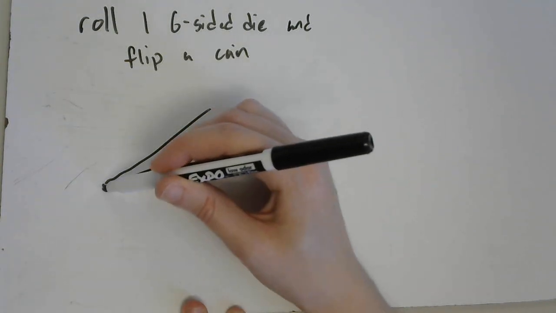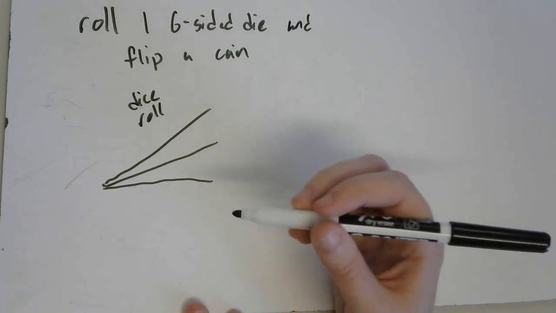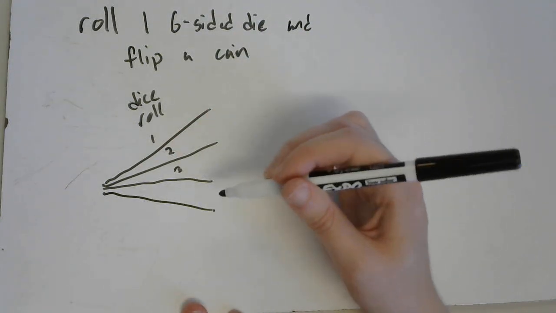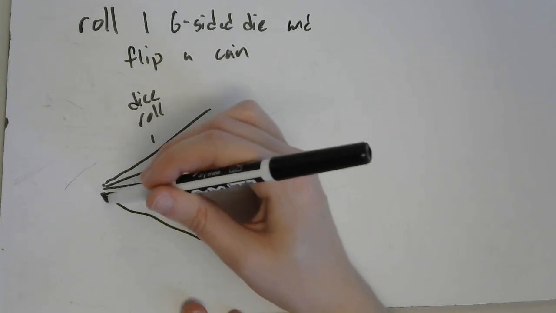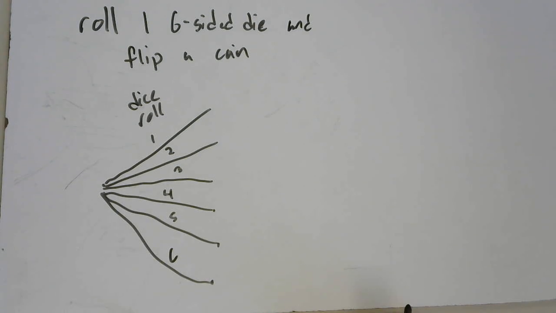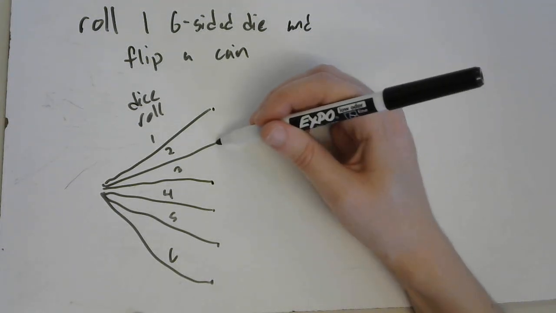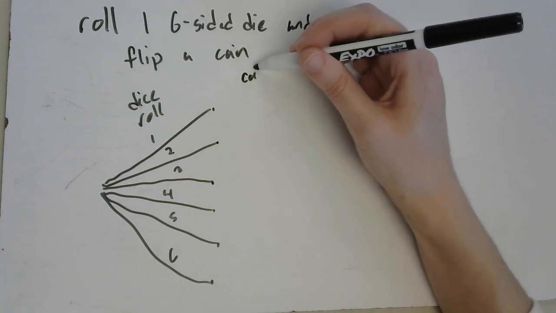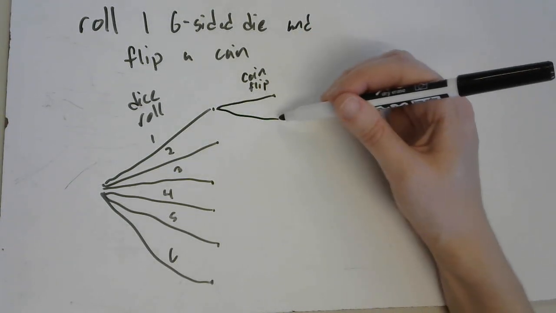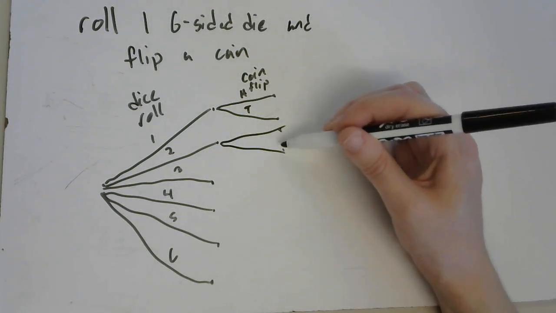So if I have my possible outcomes from my dice roll, I could get 1, 2, 3, 4, 5, or 6. From each dice roll outcome, I'll then flip a coin. If I rolled a 1, I could get either heads or tails, likewise for 2 and all the rest of the numbers.